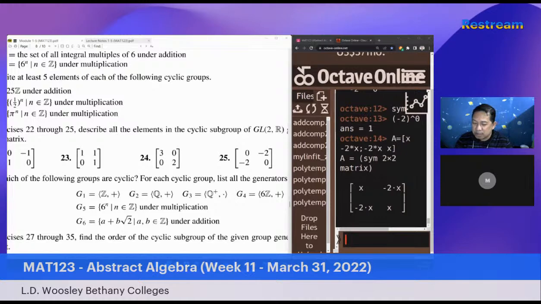But we need to distinguish the identity matrix from the original matrix.